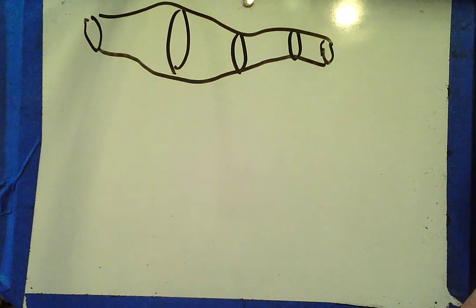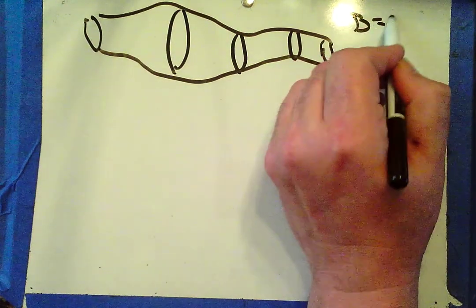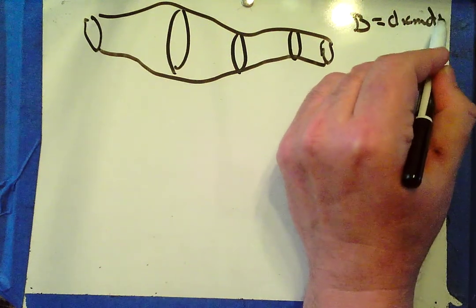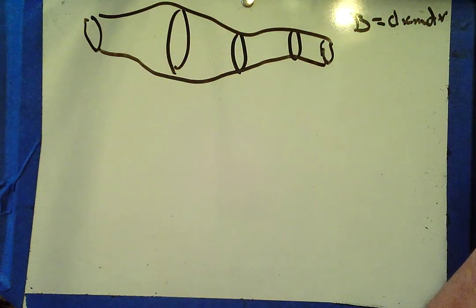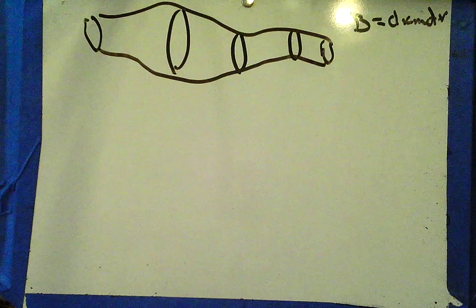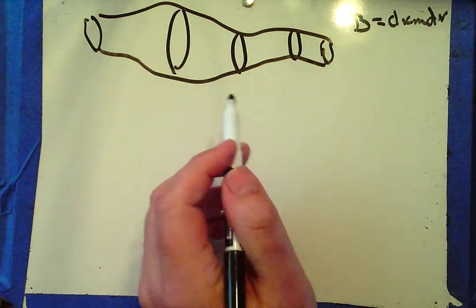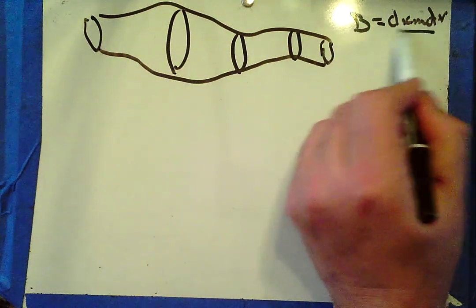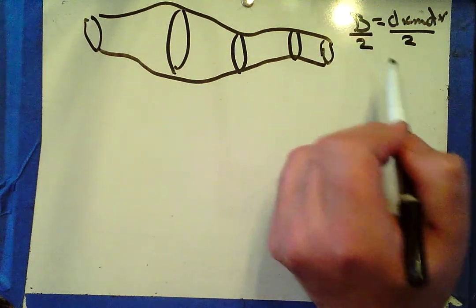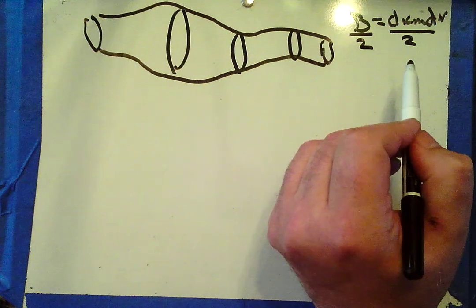Now, what do they intend? B of x is the diameter. Write an integral expression in terms of b of x that represents the average radius. Okay, I know that radius is diameter divided by 2, so I want b over 2.